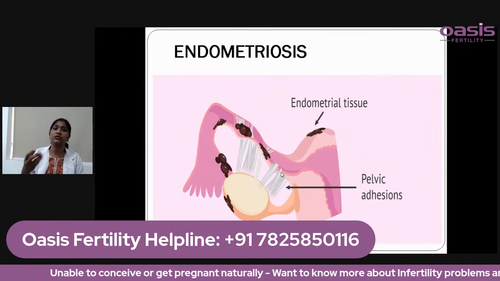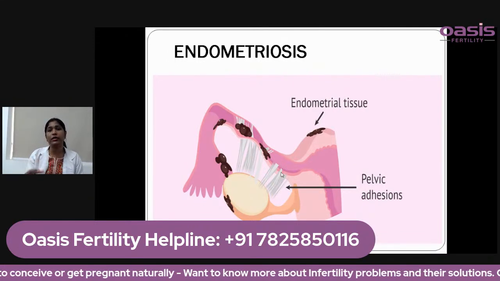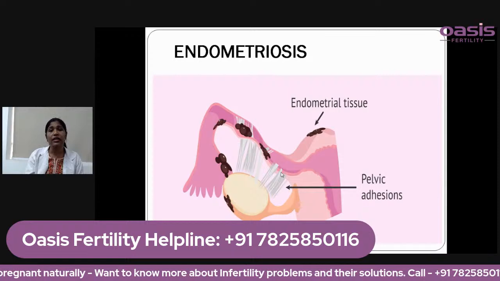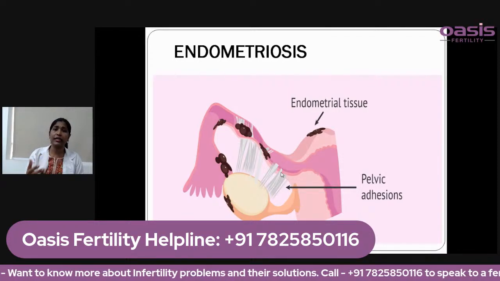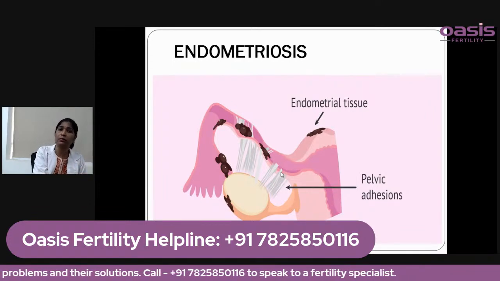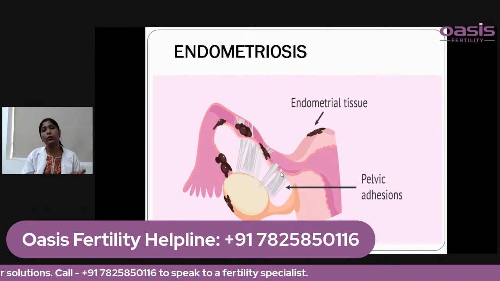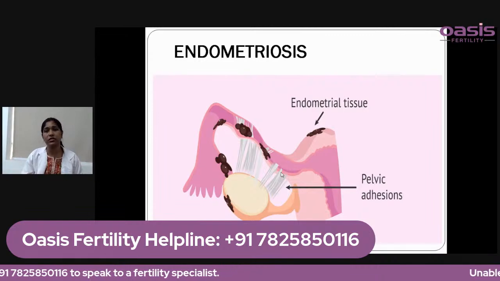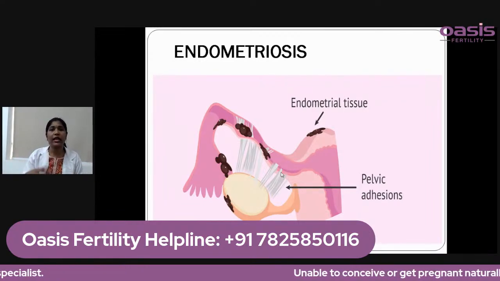If these tissues grow in the fallopian tubes, they may have inflammation, they may get scarred, they may get adhered, that means they can get attached to the uterus, the ovaries, or the pelvis, because of which the normal structure of the fallopian tube gets distorted, the normal tubo-ovarian relationship gets distorted, and natural conception is difficult to happen.